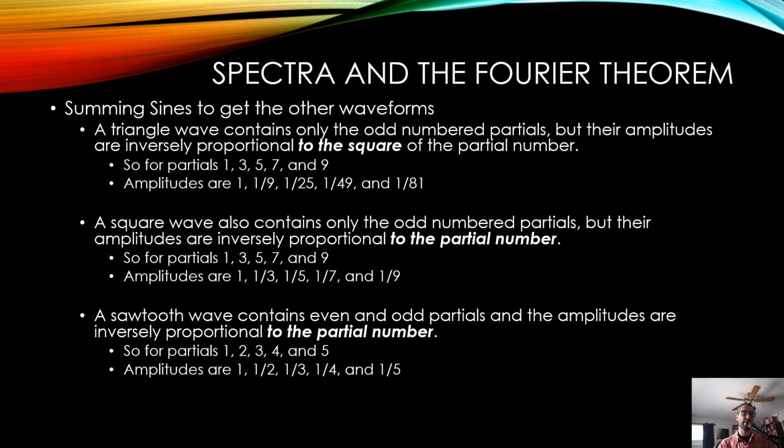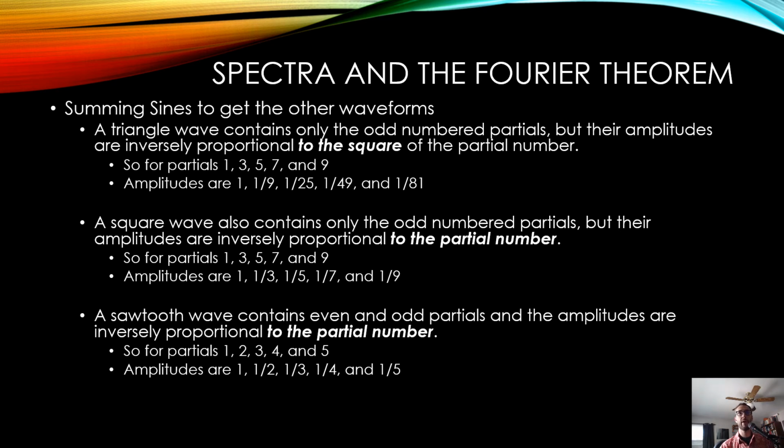So, summing sines to get other waveforms. All of the classical waveforms can be derived from sines. For example, a triangle wave contains only the odd numbered partials, but their amplitudes are inversely proportional to the square of the partial. So if you have partials 1, 3, 5, 7, and 9 present, then the amplitude of partial 1 is 1.